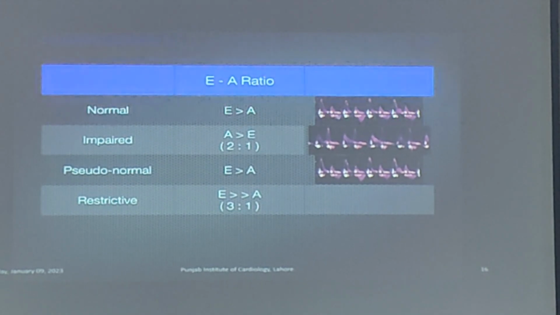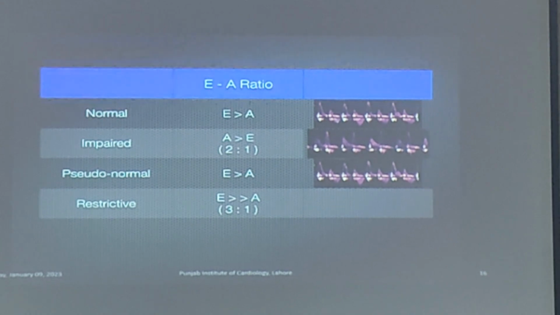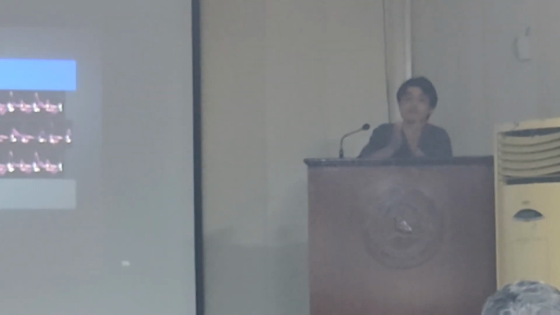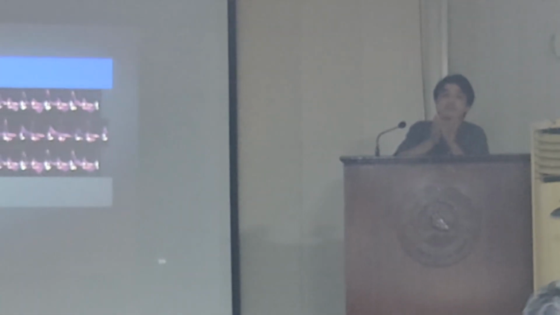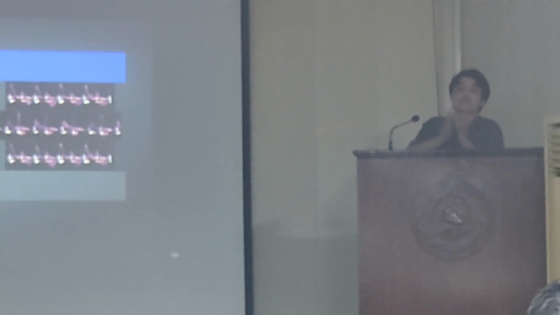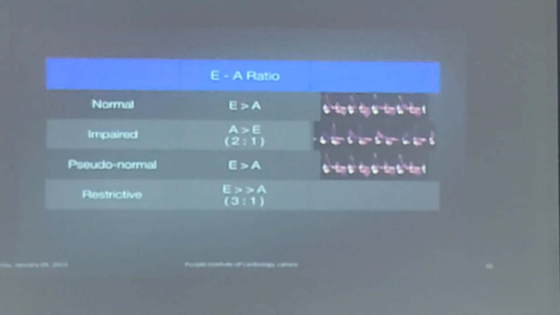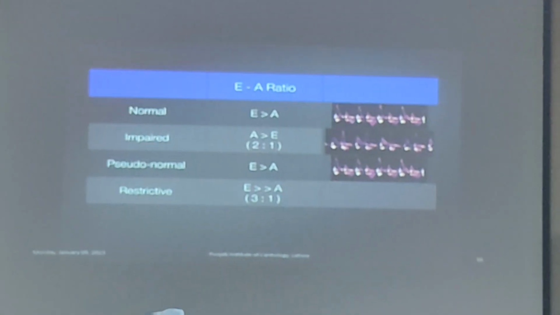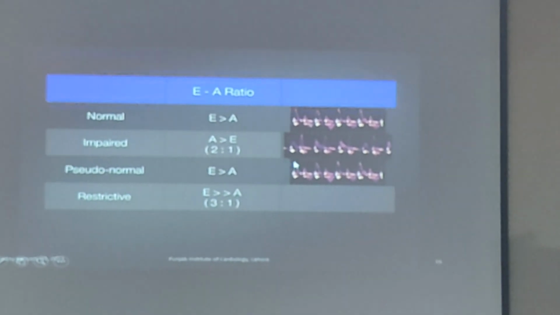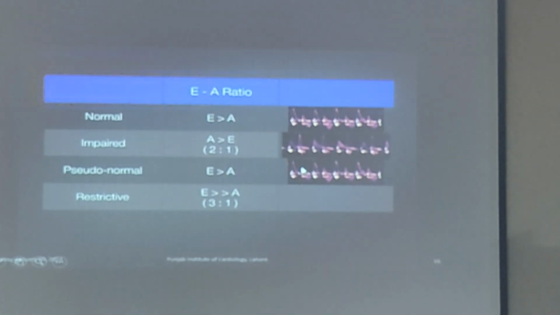So when the mitral valve opens, the volume rushes toward the LV, and with zero compliance of the LV, the pressure of the passive filling has been increased. It's not because of the compliance, it's because of the stiffness, and it will give little area to compensate the volume and the passive filling. So this is why it is going to be very high compared to the atrial kick.